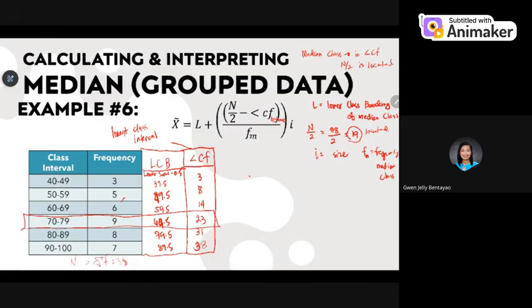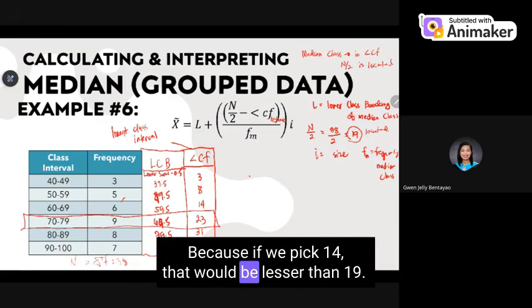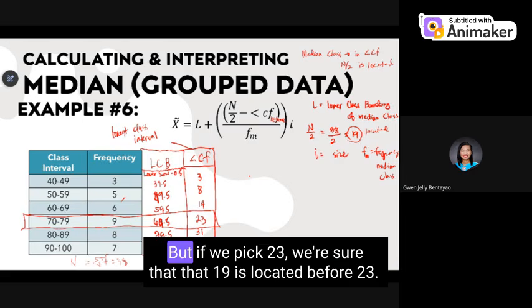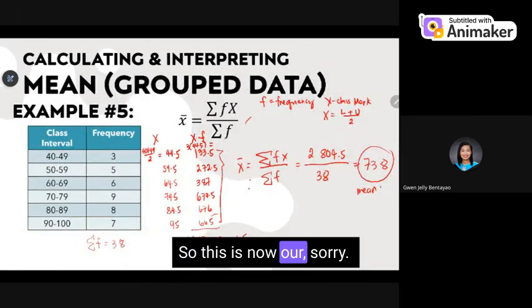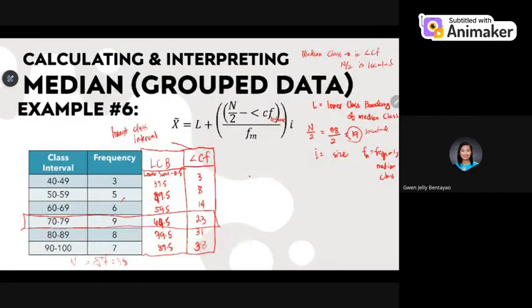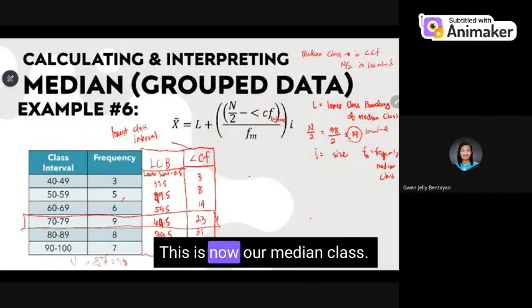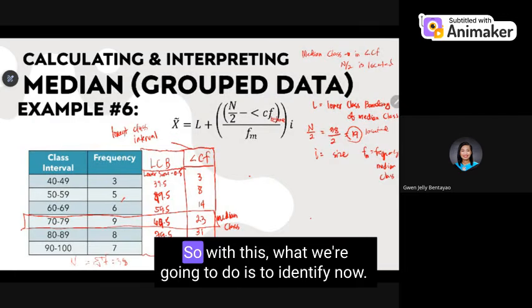Why so? Because if we pick 14, that would be lesser than 19. But if we pick 23, we're sure that 19 is located before 23. So this is now our median class.